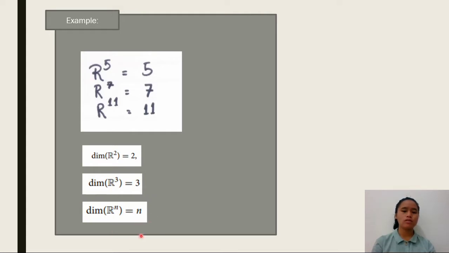We have to know that the dimension of Rn is n, because every element of Rn can be described by n real scalars.